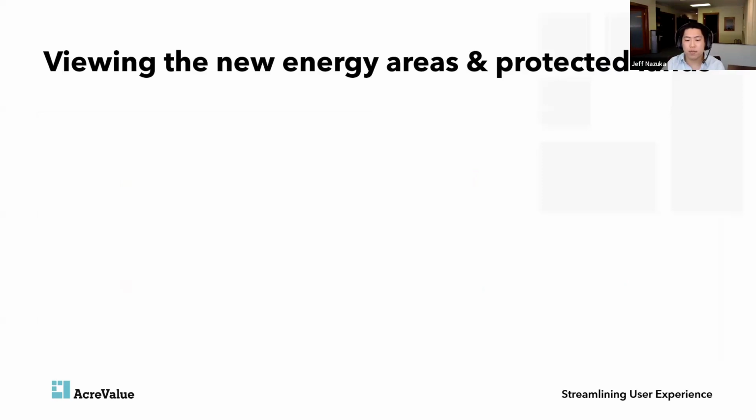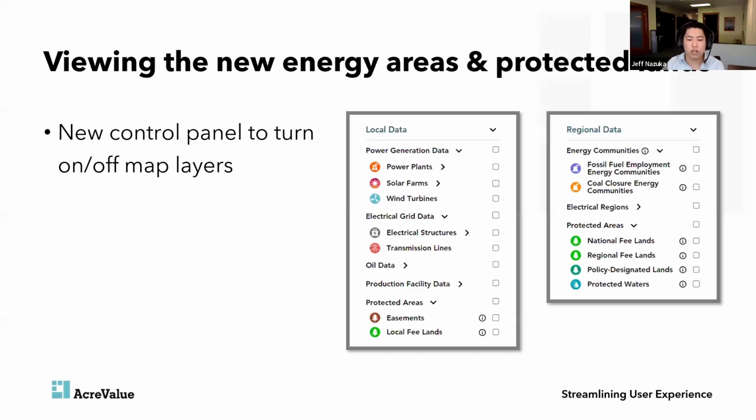Now, let's talk about how to view and control the display of the new energy areas and protected lands. So the new control panel menu is what you will use to turn your desired energy areas and protected lands on or off, right? So those are map layers that are going to be layered on top of the map.